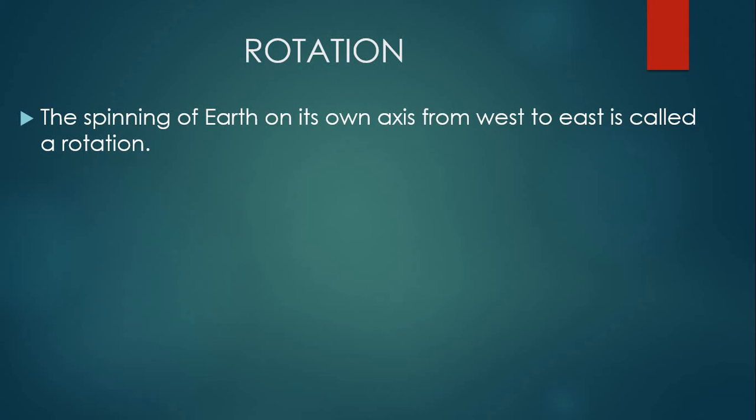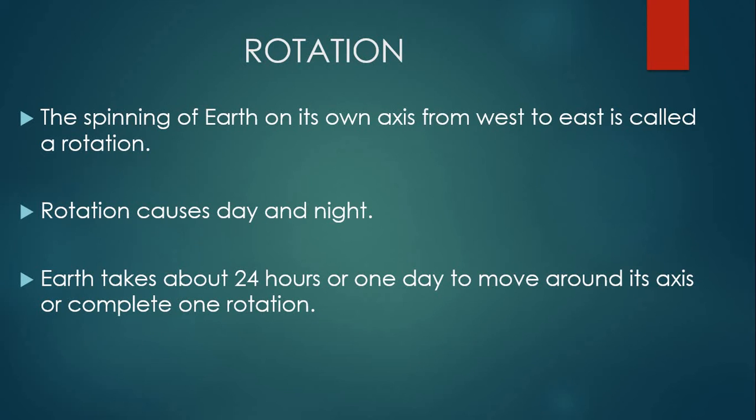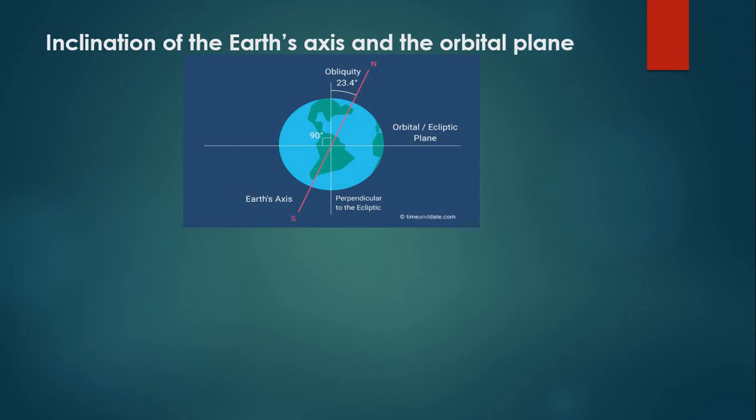The spinning of earth on its own axis from west to east is called a rotation. That means eastern side receives or faces the sun first. Rotation causes day and night. The earth takes about 24 hours or one day to move around its axis or complete one rotation.